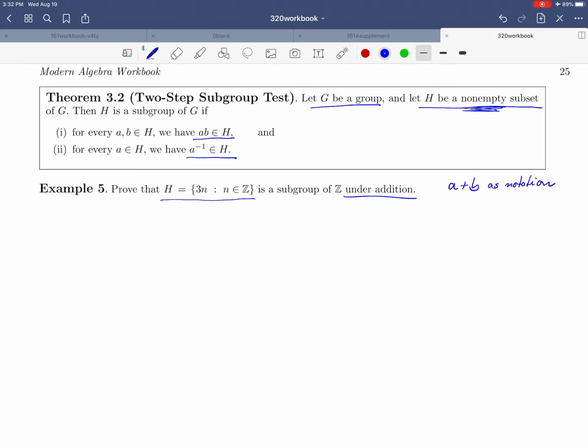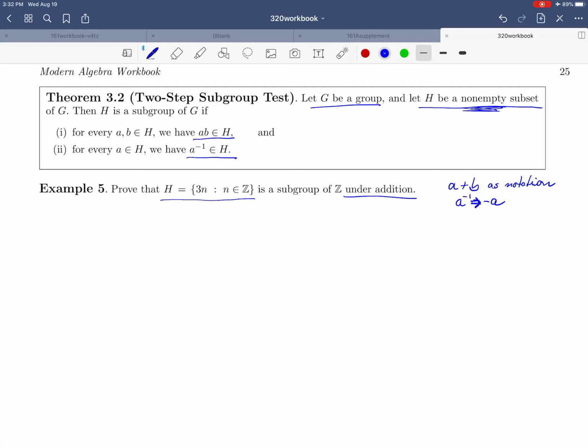That is what we are used to when we have an additive group. And a inverse is going to be minus a, because that is the inverse of a in the group of integers under addition.